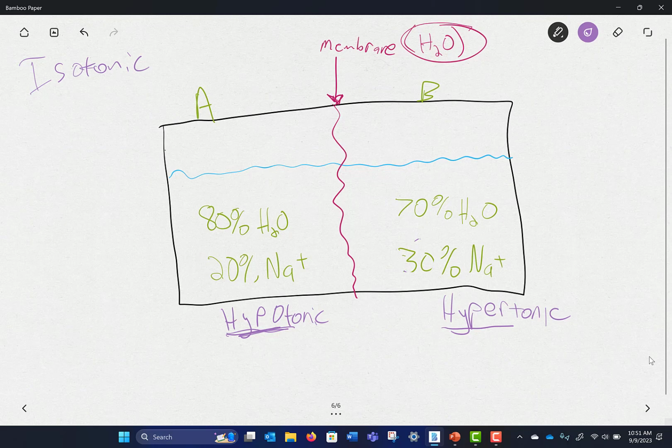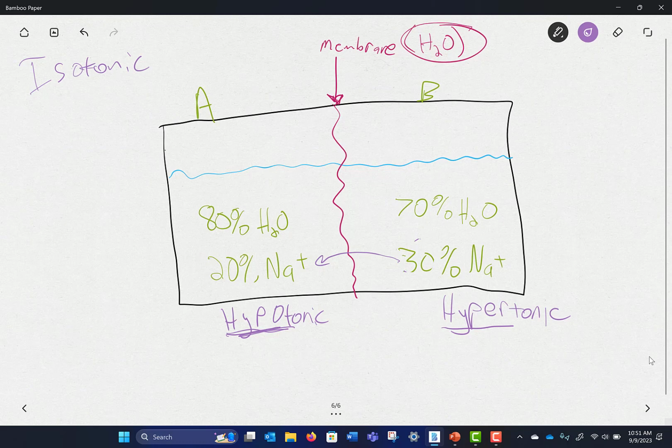First thing is we said everything likes to move down its concentration gradient. So we look at the sodium in solution B and the sodium in solution A, and solution B has greater solute concentration. So solution B will see the sodium want to move towards solution A. But there's an issue there.